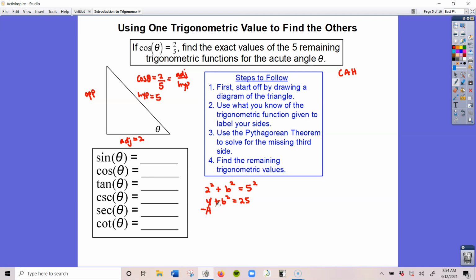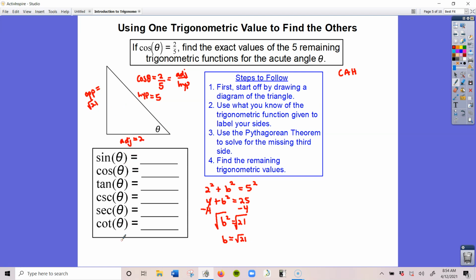Subtract the 4. We get that b squared is equal to 21, and then we would square root. So b is equal to the square root of 21. If we can simplify the square root, we would. But the only two numbers that multiply to give you 21 are 7 and 3, which are not pairs. So we're going to leave it as the square root of 21.